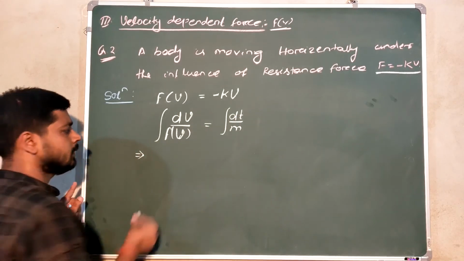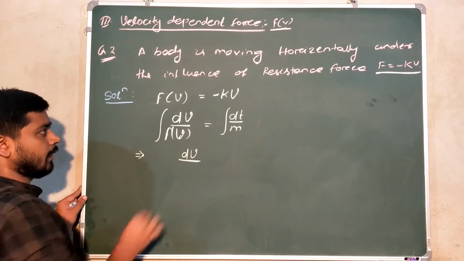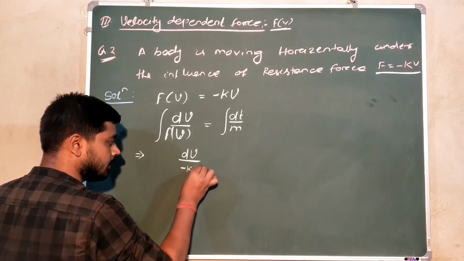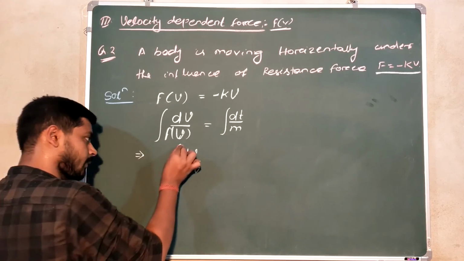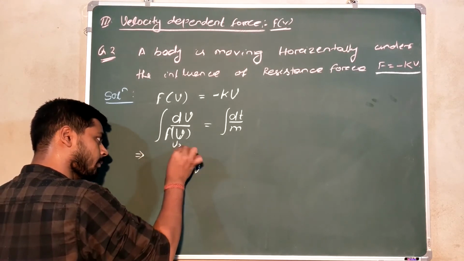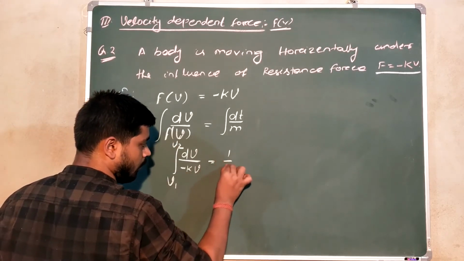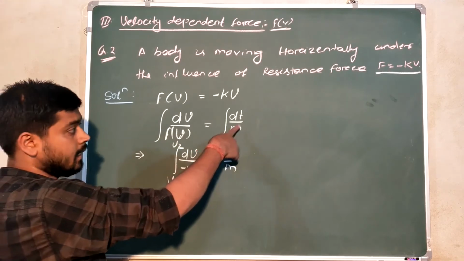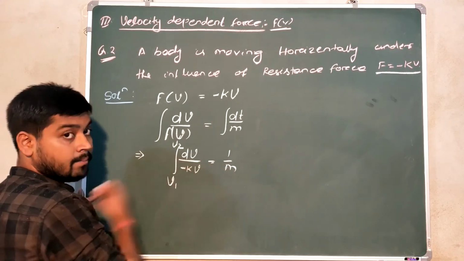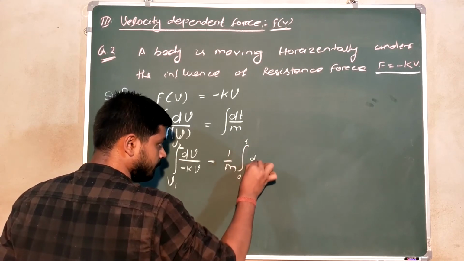Then integration of dv by f of v, that is minus kv, from v1 to v2, and this one is 1 by m. M is independent of time, so 1 by m comes out of the equation. Integration from 0 to t dt.